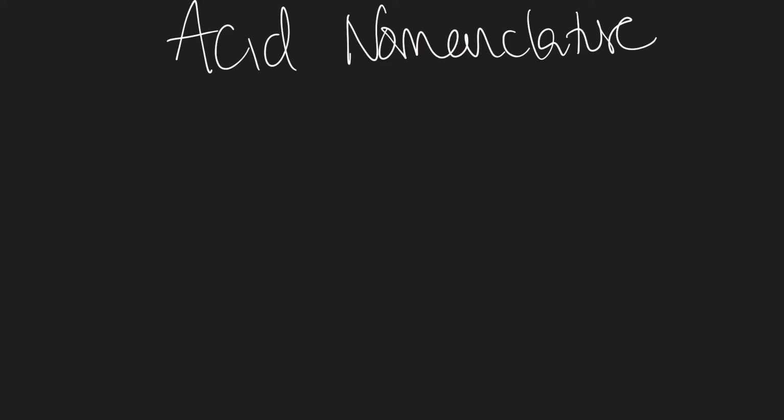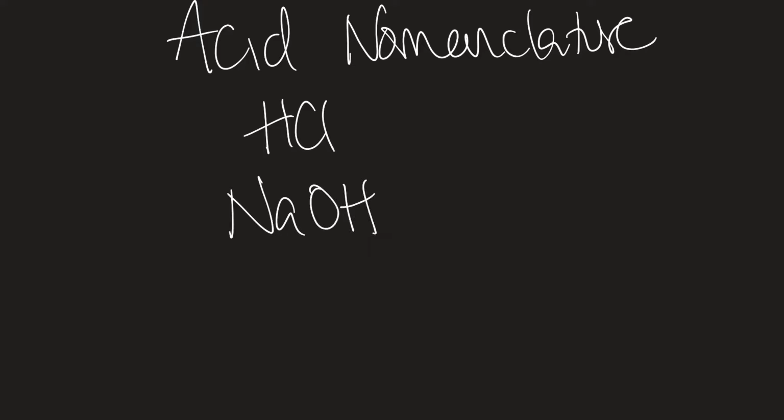Alright, so in this video we're going to talk about acid nomenclature, or in other words, how to name acids. Now this is kind of a big hint that you know you're dealing with an acid when you look at a chemical formula: hydrogen typically comes first. So for example, this is an acid.